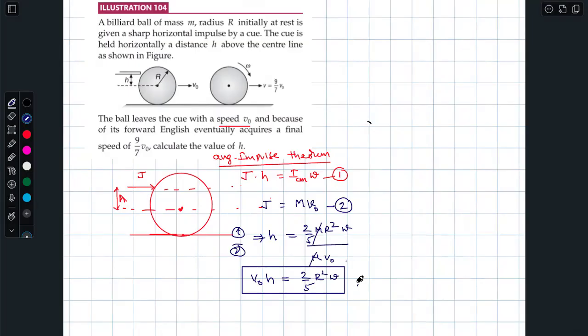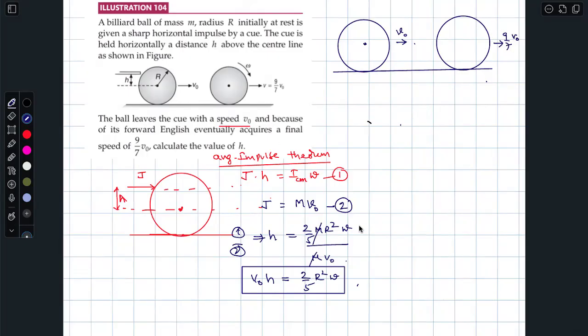Right, done. Now eventually it acquires a final speed. What does that mean? Now remember, this is the initial situation for you, where this one has velocity v naught, and eventually the speed becomes 9/7 v naught.